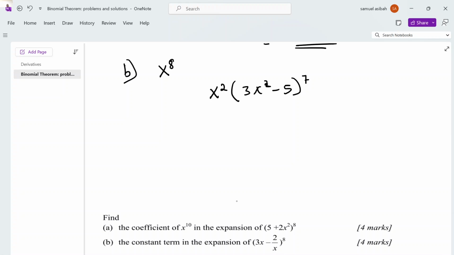If you want to get x raised to 8, then we talked about the exponents here. When you're multiplying the exponents of the same base, then we add. So when we are adding, for you to get a total of 8, and we already have 2 here, then this part here has to be 6.